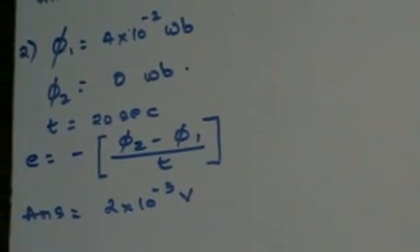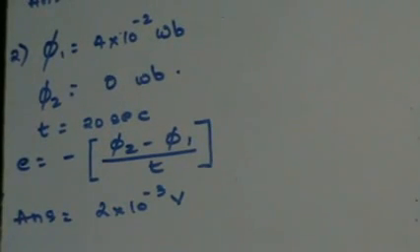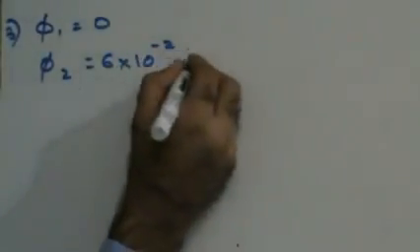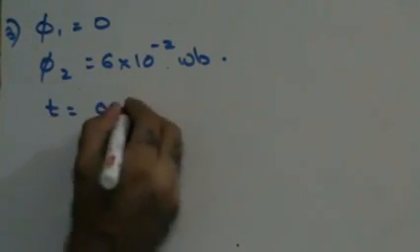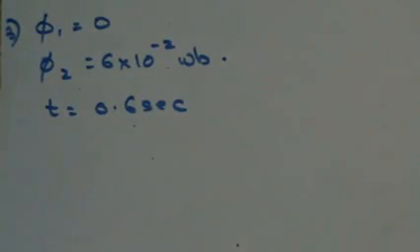Next, take down the next one please. The magnetic flux associated with a coil changes from 0 to 6 into 10 raised to minus 2 Webers in 0.6 seconds.